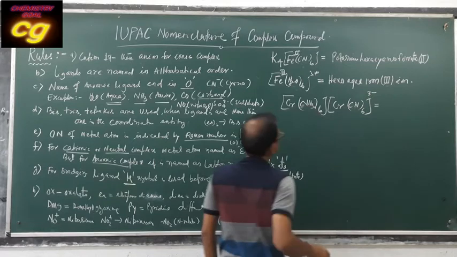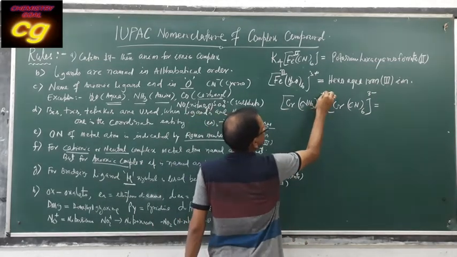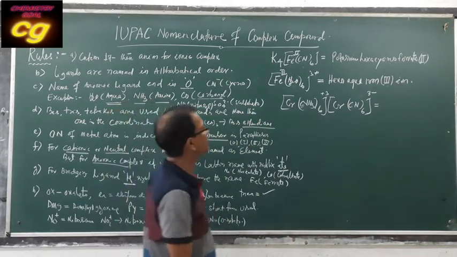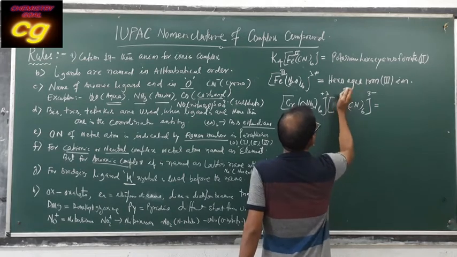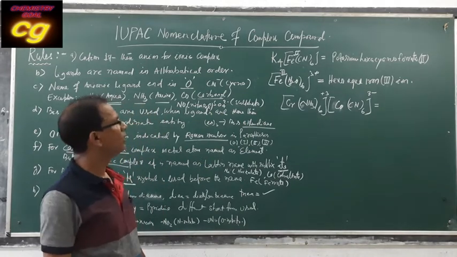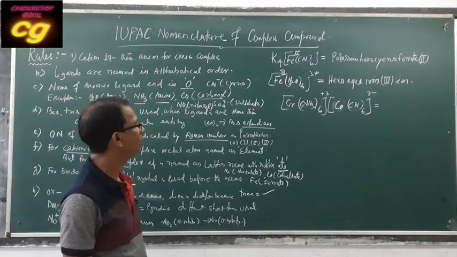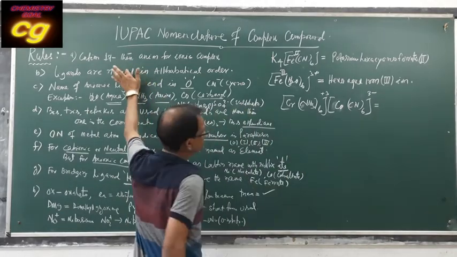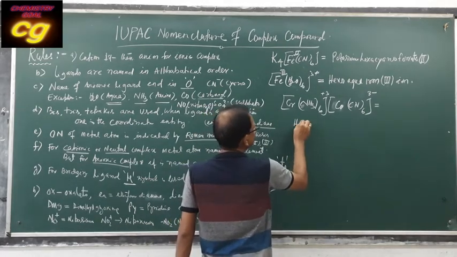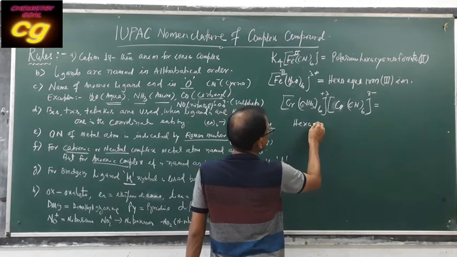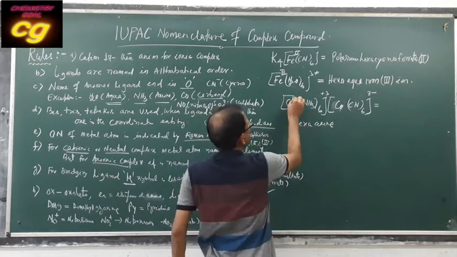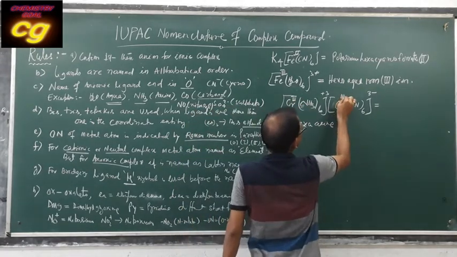As here the NH3 is 0, chromium is plus 3. Here cobalt is also plus 3. We start from the cation.